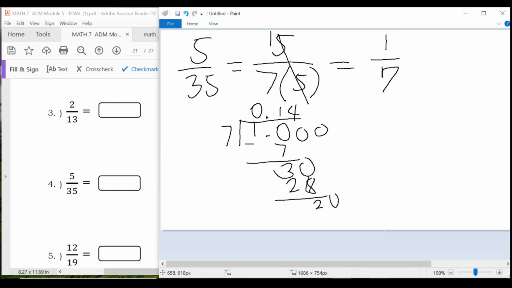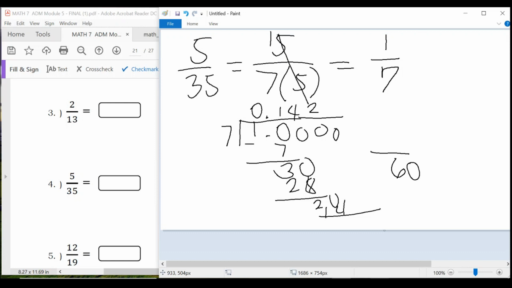So we have 2 para 14. So meron na lang 20 minus 14 is 6. So add tayo ng 0, we have 60.